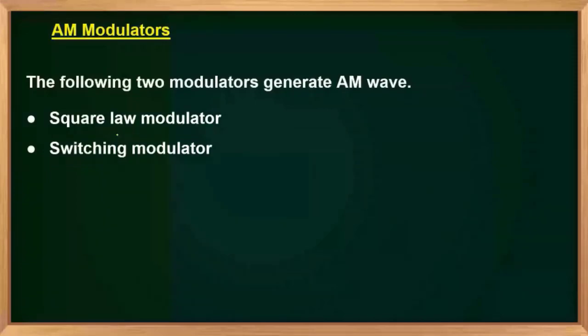There are two types of AM modulators. One is the square law modulator, and the second is the switching modulator or ring modulator. We will discuss these circuits at block diagram level.